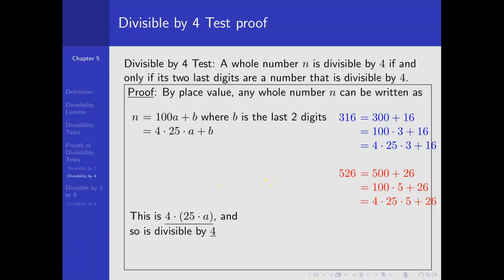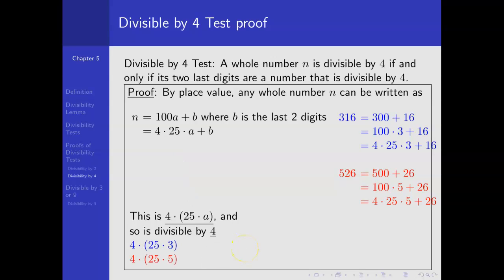So back to our algebraic proof here. This gives us 4 times 25 times a, and so it's divisible by 4 because it's clearly a multiple of 4. So we've got our arrow matching that part up there.